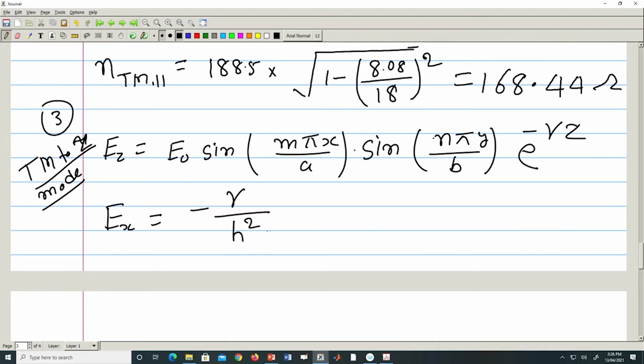Here gamma is alpha plus j beta, and h square is gamma square plus k square, where k is omega root under mu epsilon.